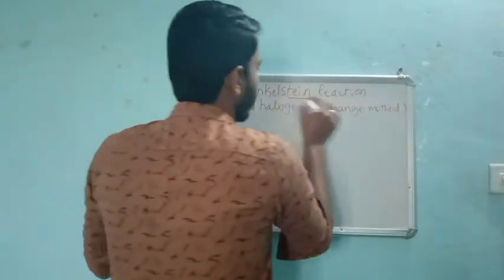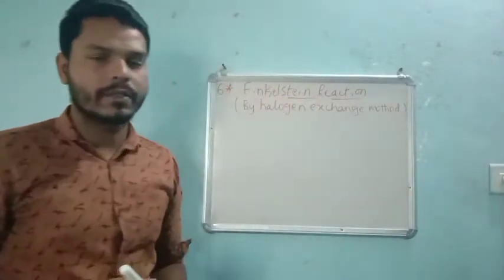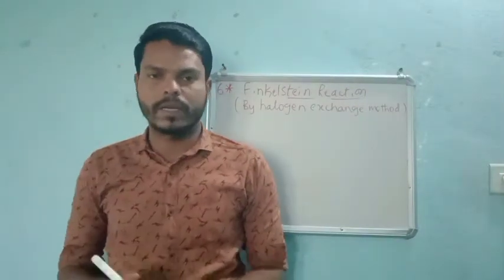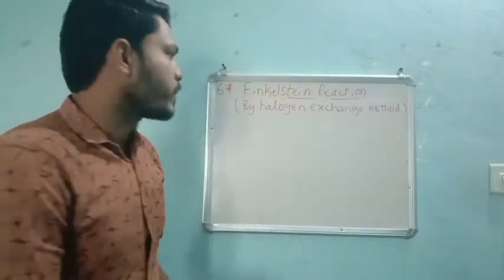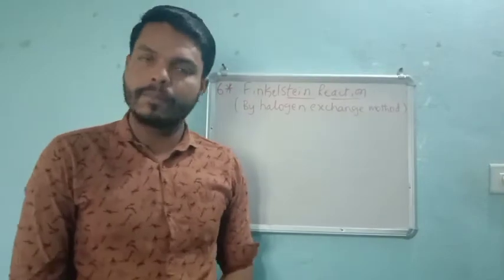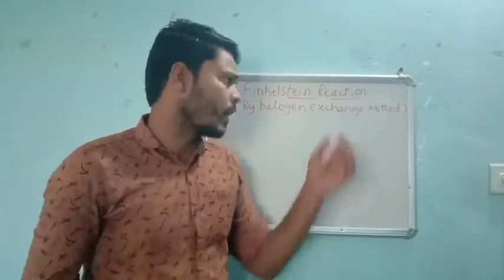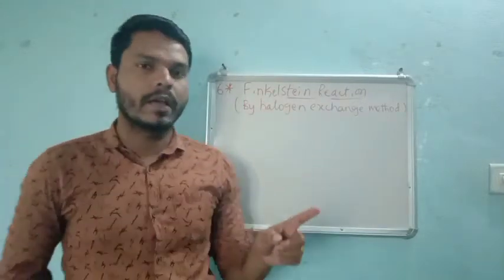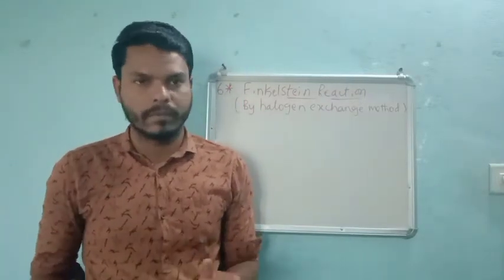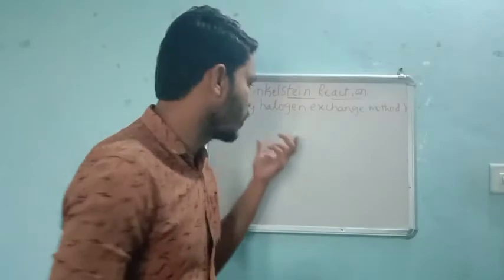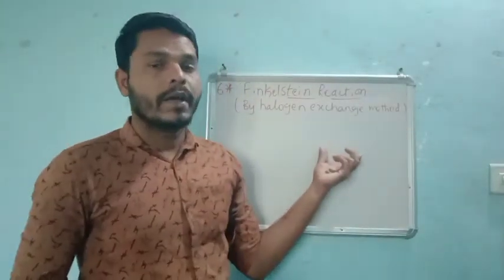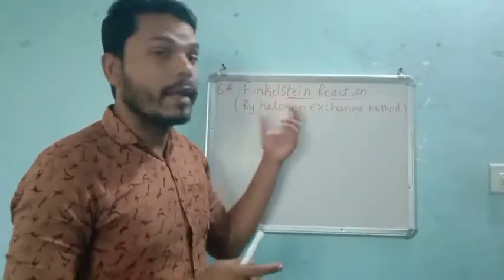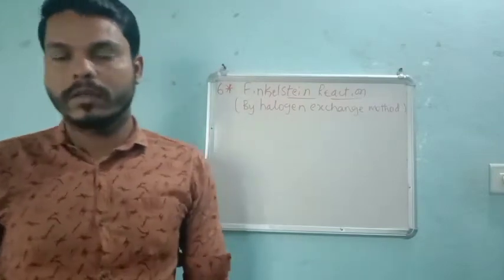So that means here one halogen replaces another halogen. That is the case. In our theory examination, the Finkelstein reaction has been asked several times in the 1 mark part. That means they will give a complete reaction and ask you to name that reaction, right? Halogen exchange reaction.